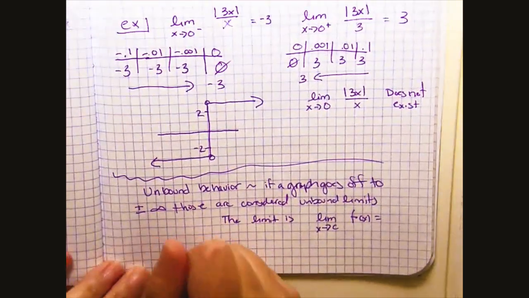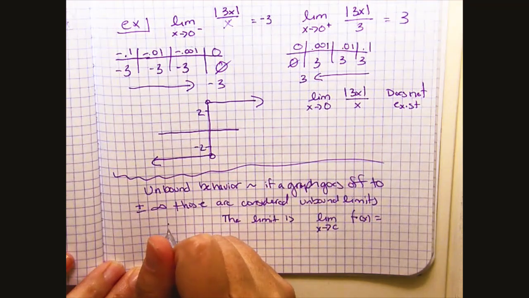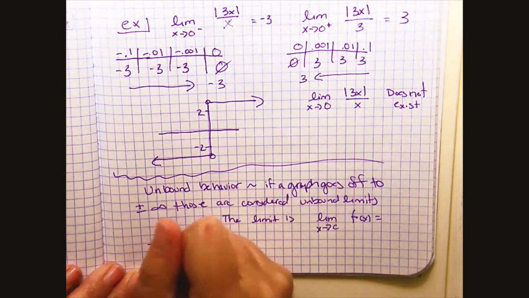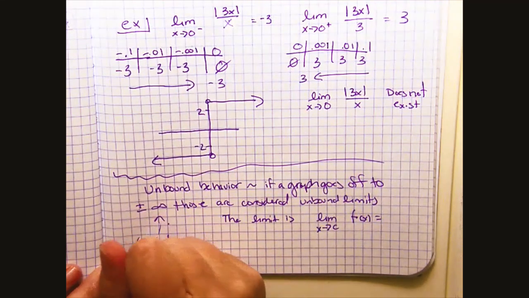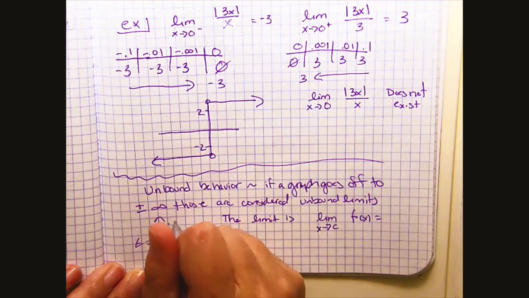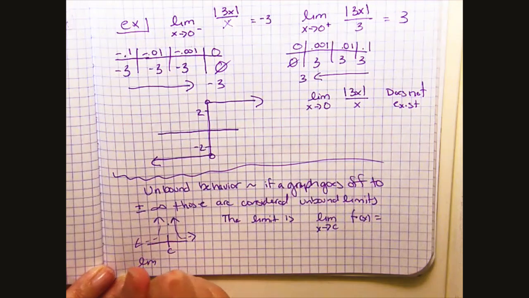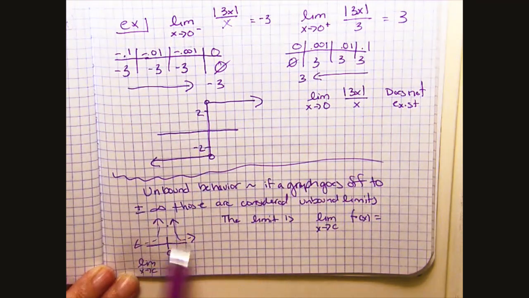So if I have a graph here, and this is C, and the graph looked like this, we would say the limit as x is approaching C, well, from the left and the right, it's going to positive infinity.